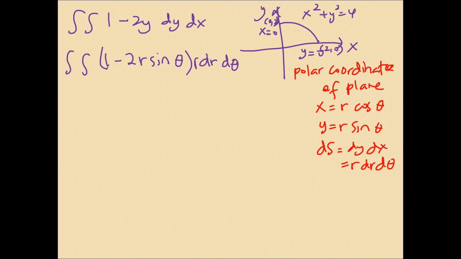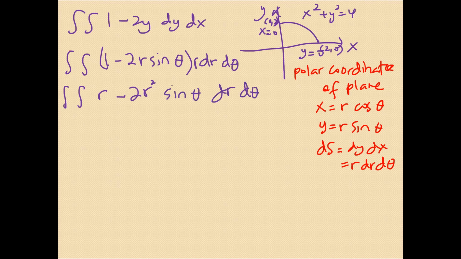Is it clear? Because this is a first quarter circle, you're going to do a double integral using polar coordinates so that your integration will be easier. Let me simplify this. You expand, and you will get r minus 2r squared sin theta dr d theta.